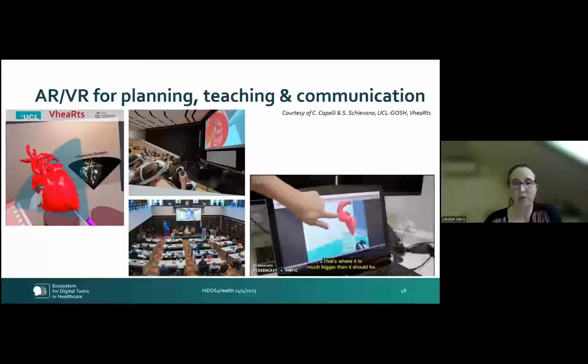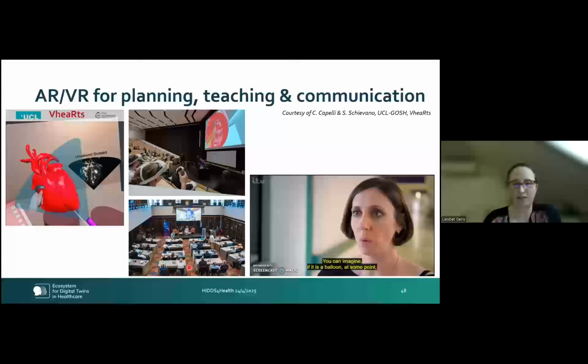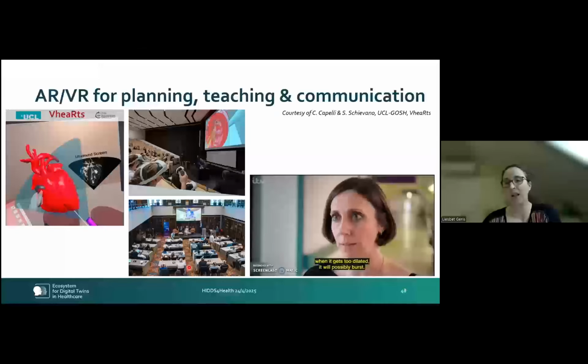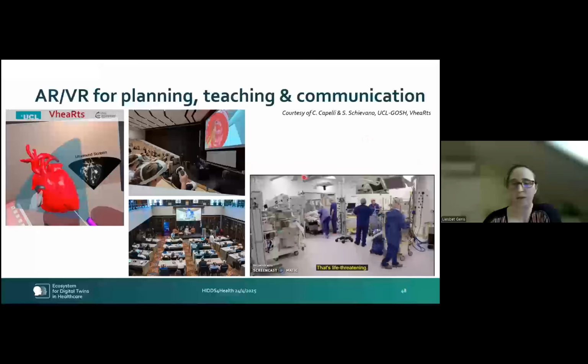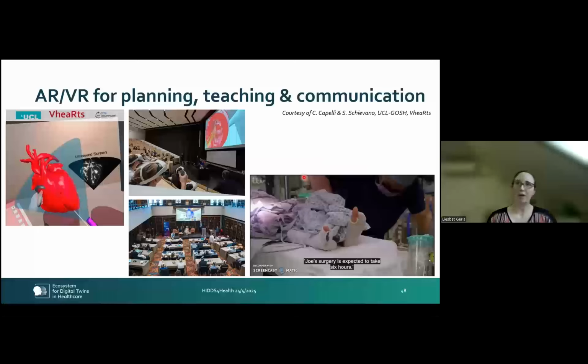In the middle, you see several courses that are being taught from London to audiences that are elsewhere, so teaching of medical professionals. And on the right-hand side, this is a movie that you can also find on the website of GOSH, where a young patient is coming in, needs to undergo cardiac surgery, and they're using VR to actually explain to the patient what exactly will be done during that surgery.